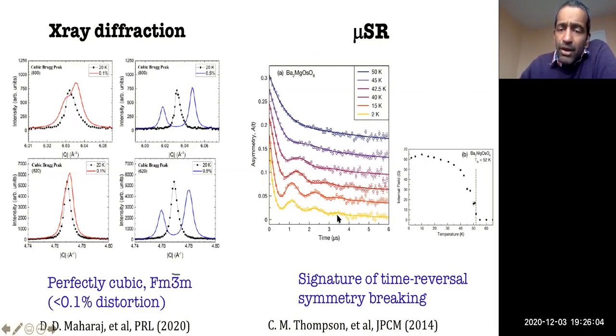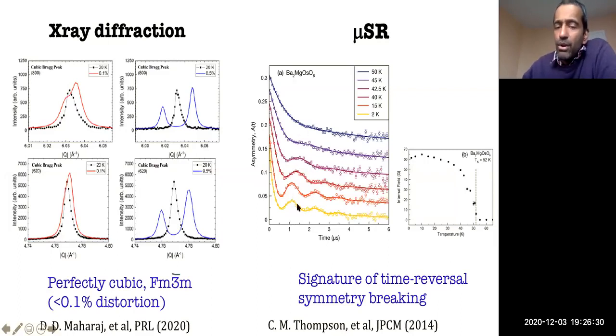But below this 50 Kelvin transition, people do see signatures of oscillations in the muon spin relaxation in the system. For those who are not familiar with this, you implant a muon in the system, which then decays, and the decay product has information about time reversal breaking in the system.